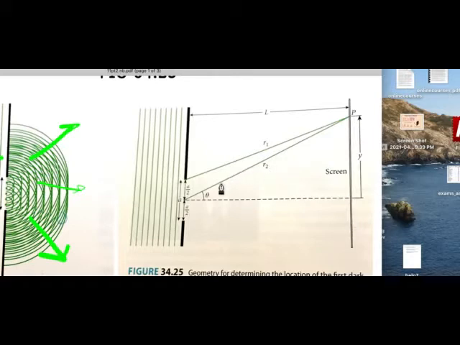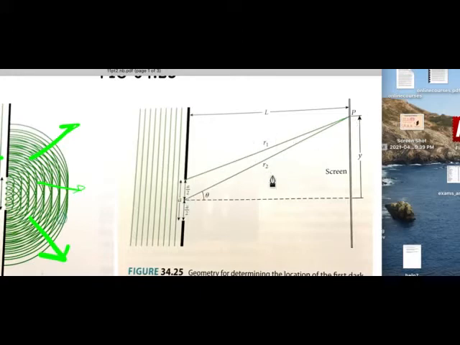Depending on the angle, at a point on the screen, you may get constructive interference or destructive interference. What happens is the distance from this point on the opening to the point on the screen, and the distance from this point to the point on the screen, is different.